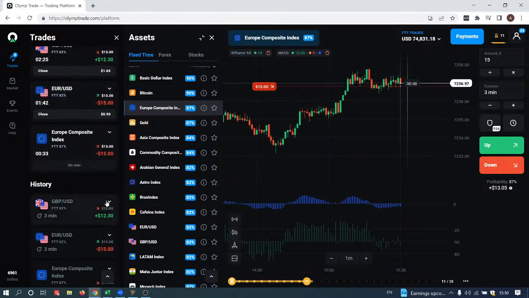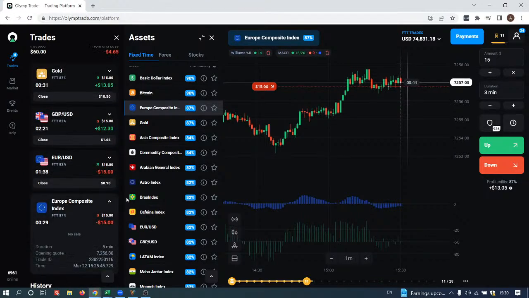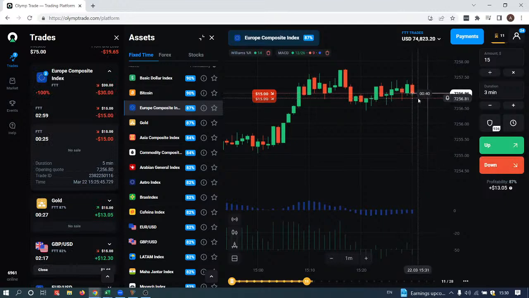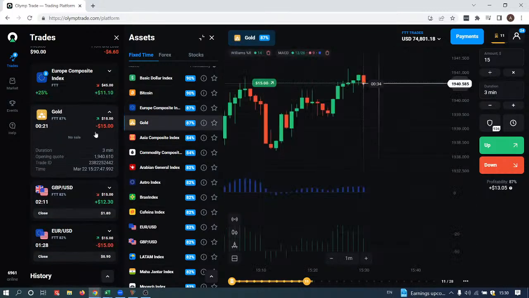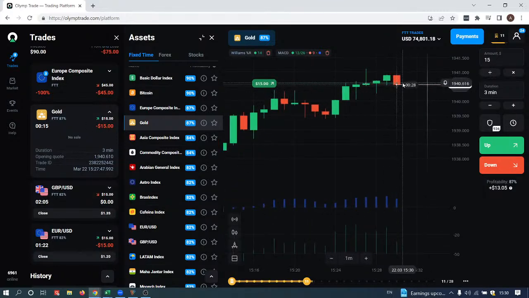So the pound trade closes with a profit. On the Europe Composite Index, I think we can open another one downwards. I'm really betting that this asset will go down. And gold: let's watch closely how this trade closes.